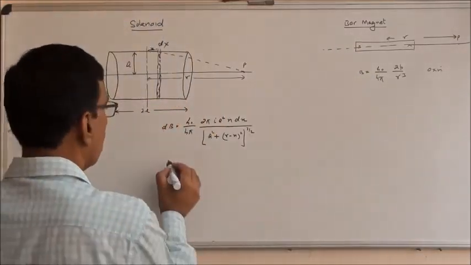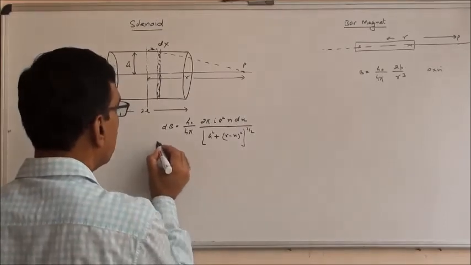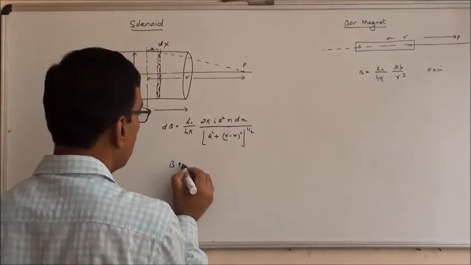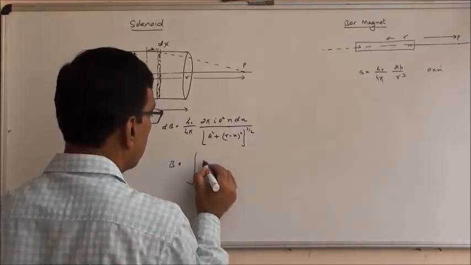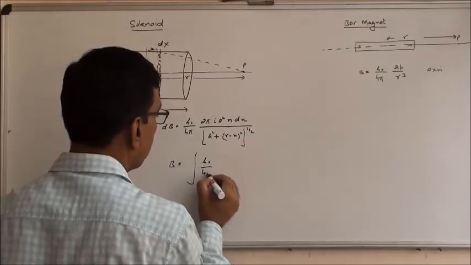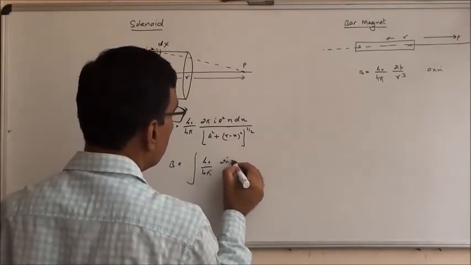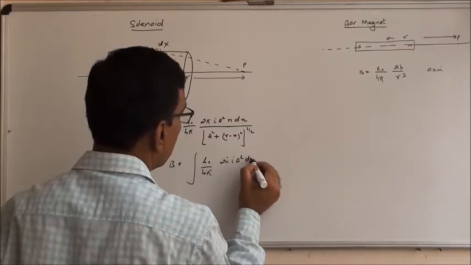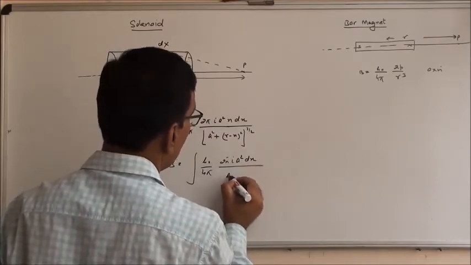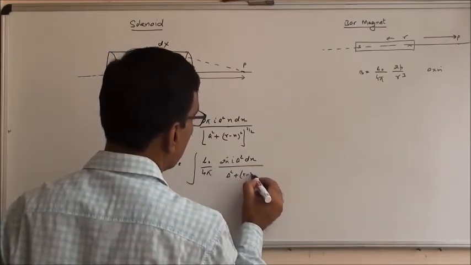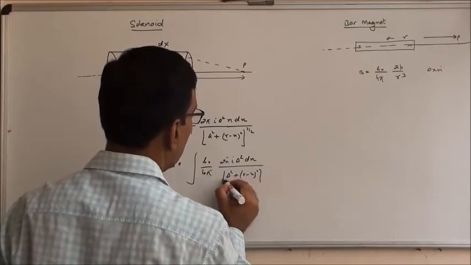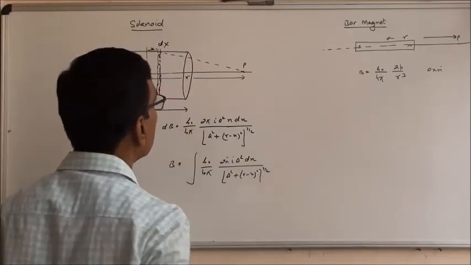Okay, so the total magnetic field B will be the integration of mu naught by 4 pi, 2 pi I a square n dx upon (a square plus (r minus x) square) raised to the power 3 by 2.